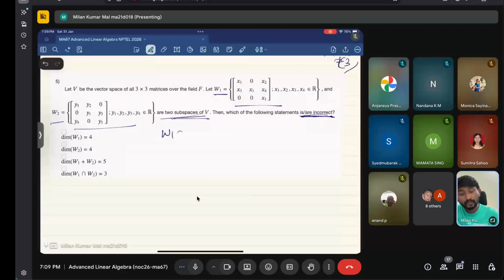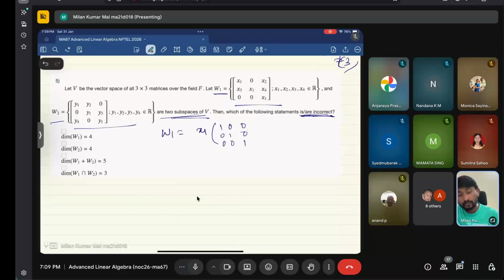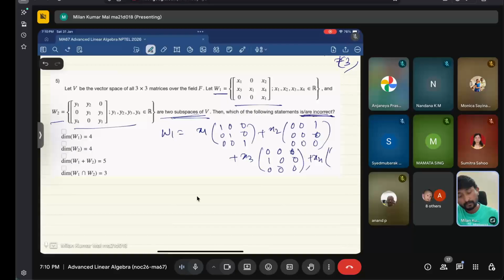For the basis of W1, you can write any element in W1 like this way: x1 times the matrix 1, 0, 0, 0, 1, 0, 0, 0, 1, plus x2 times 0, 0, 1, 0, 0, 0, 0, 0, 0, plus x3 times 0, 0, 0, 1, 0, 0, 0, 0, 0, plus x4 times 0, 0, 0, 0, 0, 1, 0, 0, 0.